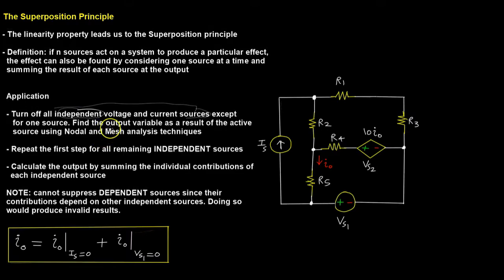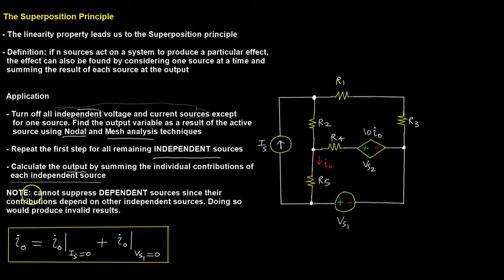You want to find the output variable, whether it's current or voltage, as a result of that active source, using the nodal or mesh analysis techniques that we've learned and discussed many times. Then we repeat that first step for every single remaining independent source. Once we've done that, we can calculate the output variable by summing the individual contributions of each independent source. We're going to look at examples, so don't worry if you don't fully get this yet.